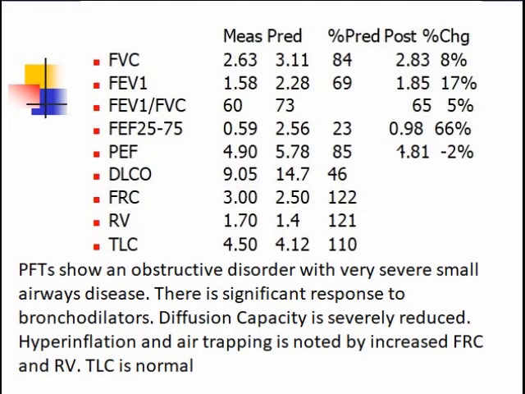A pulmonary function interpretation report would probably look something like this. PFTs show an obstructive disorder with very severe small airways disease. There is significant response to bronchodilators. Diffusion capacity is severely reduced. Hyperinflation and air trapping are noted by increased FRC and RV.